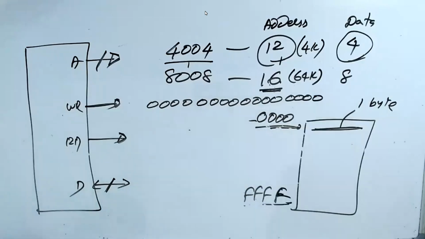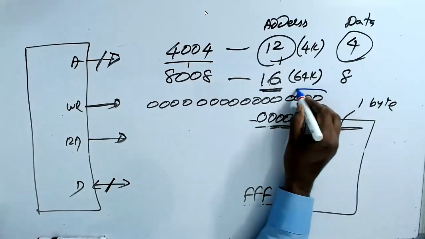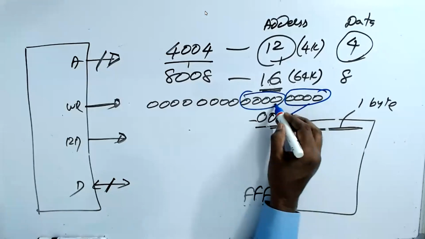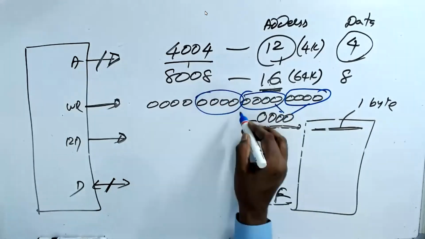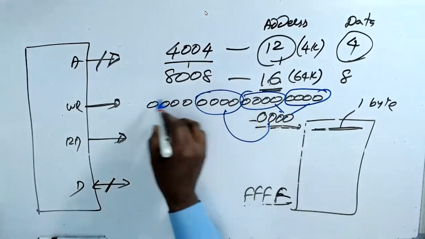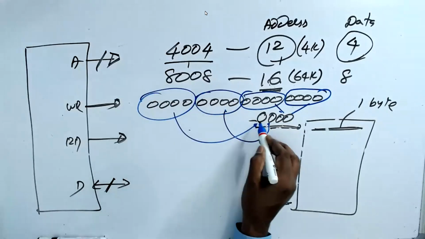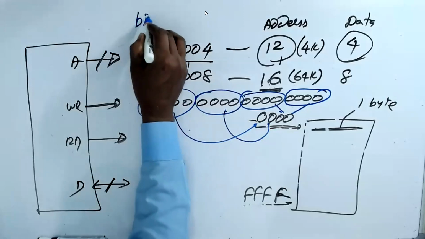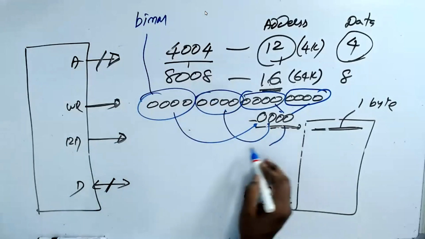This is a starting address. So what we do here is we take these 4 bits and write as a 0. We take these 4, write as a 0. We take these 4, write as 0. We take these 4, write as 0. Easy to write. This is called binary. This is called hexadecimal.